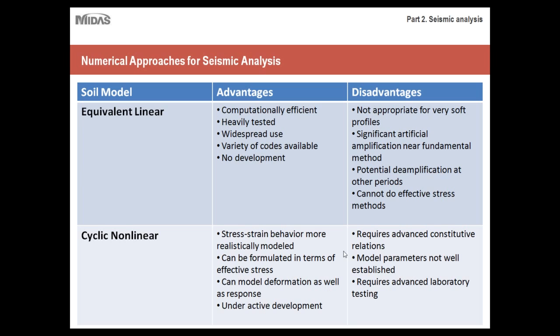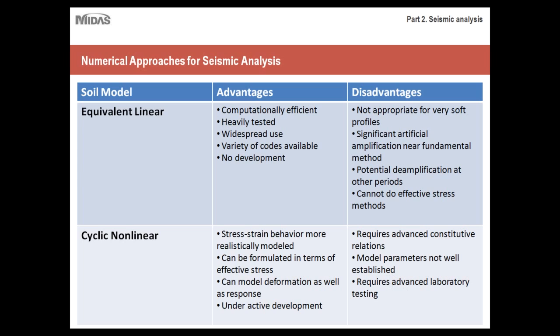The disadvantages of cyclic nonlinear modeling are, first, it requires advanced constitutive relations. In other words, it takes more variables into account, and because these variables are needed for cyclic nonlinear analysis, sometimes it can take longer to develop the constitutive models, or to find those variables. Modeling parameters are not well established, so because it's under active development, there's still a larger margin of error than in equivalent linear analysis, where the tests are more stabilized.